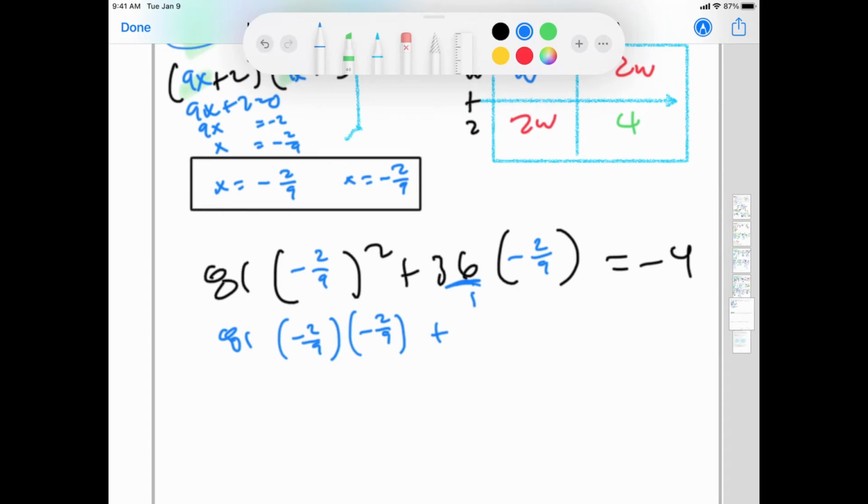The best one right here would just be to cross multiply, really. But I'll show you what happens. 81 times negative 2 times negative 2. So 81 times 4, 324 over 81. This one's going to be negative.